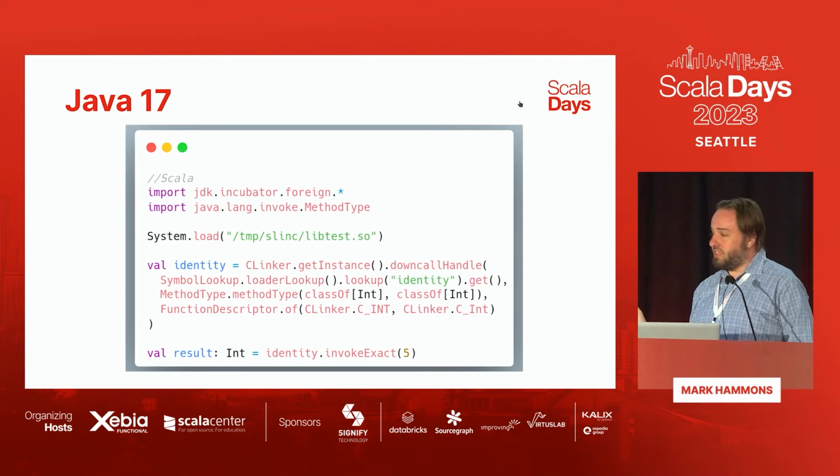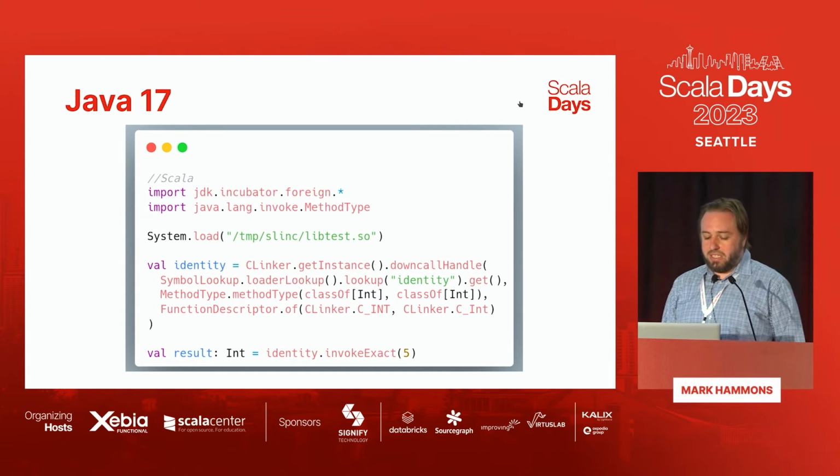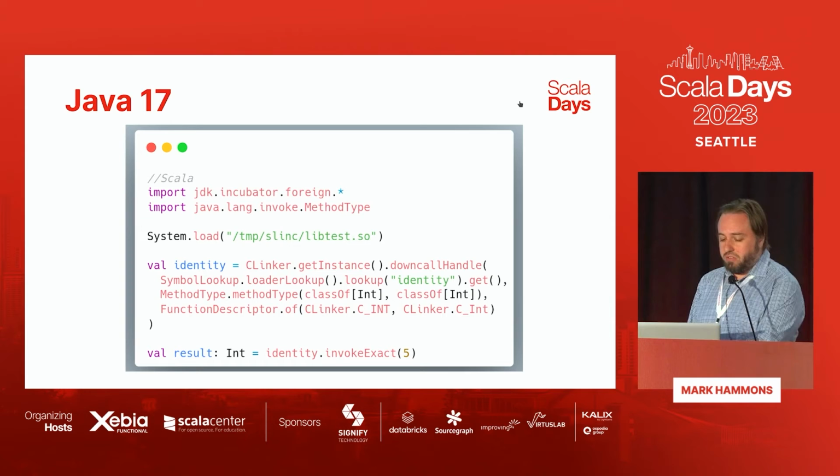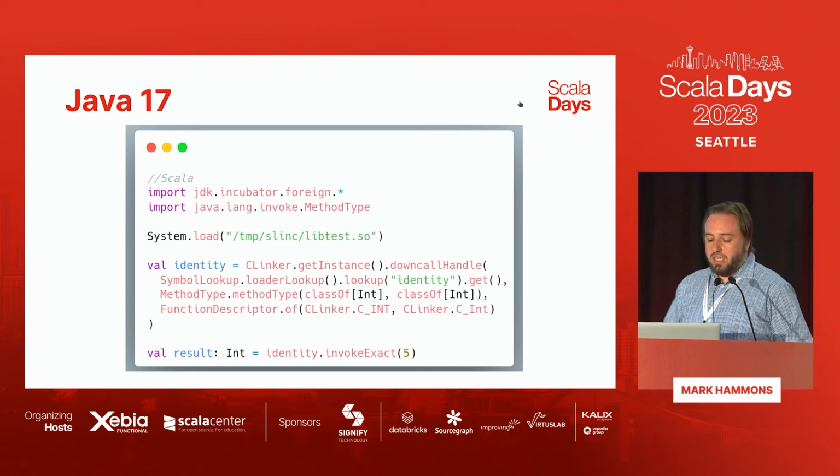So on Java 17, you have to import jdk.incubator.foreign and java.lang.invoke.MethodType. You call System.load with the library name, and then you call Clinker.getInstance.downcallHandle. You provide to symbol lookup the name of the method you want to look up, the method type that represents that method.